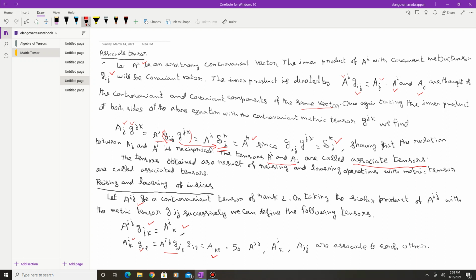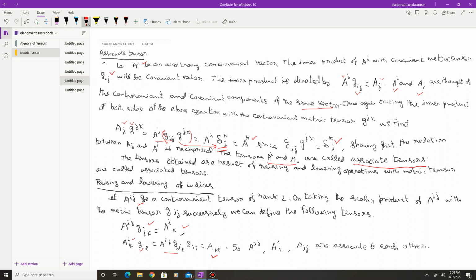So contravariant tensor A^ij to covariant tensor A_kl. By the process of raising or lowering, you can convert a contravariant tensor of rank 2 to a covariant tensor of the same rank by multiplying with the contravariant or covariant metric tensor.